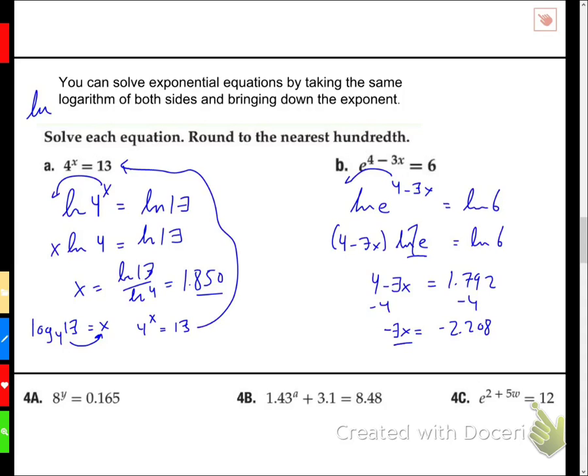And then divide by negative 3, which is negative 0.736. Oh, those negatives cancel out, and that makes it positive. There we go, positive 0.736.